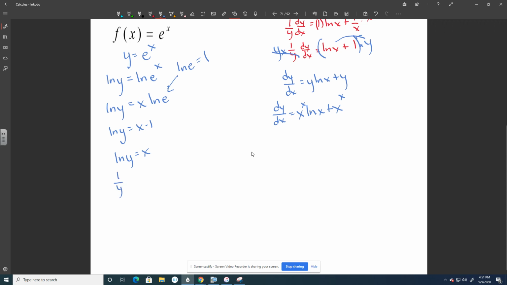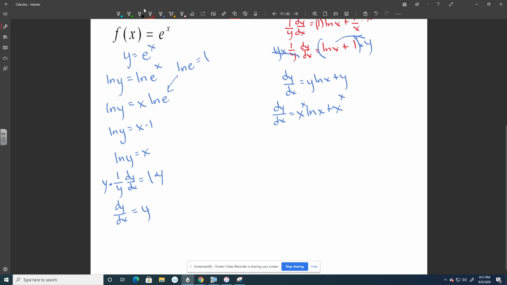So now when I take the derivative of both sides, the derivative of natural log of y is 1 over y times dy dx. Don't forget the dy dx, which equals the derivative of x. Well, that's just 1. And now, like before, to get rid of 1 over y, I'm going to multiply by y on both sides. So dy dx is equal to y.